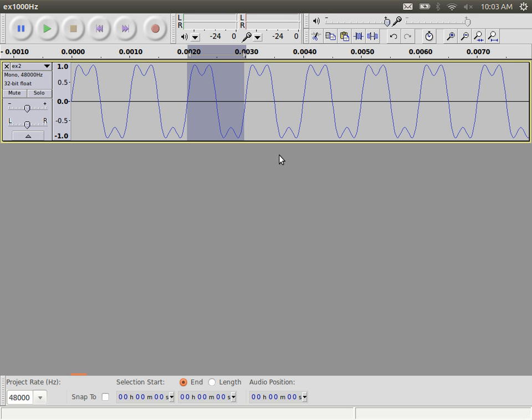In 1 period, we can transmit 2 bits. 2 bits in half a millisecond. Therefore, 4 bits in 1 millisecond, 4,000 bits in 1 second.